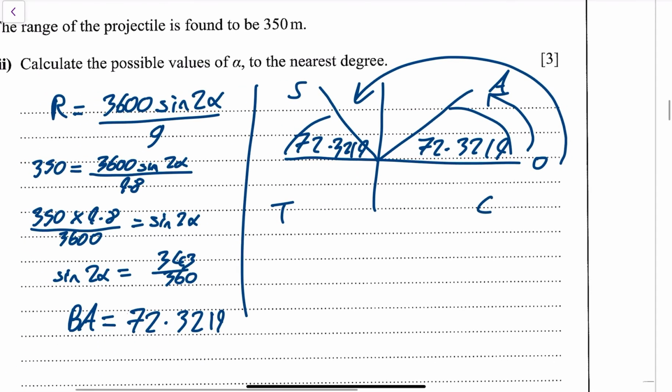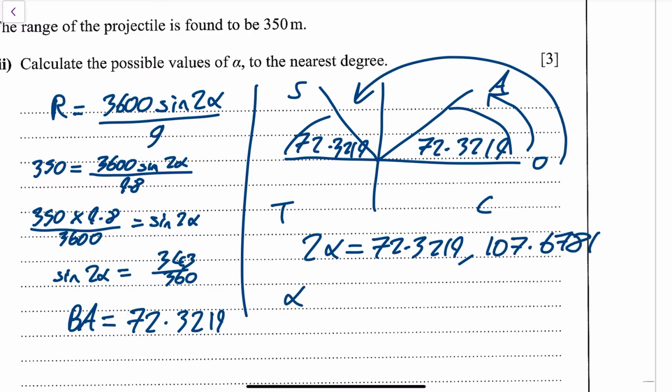So 2 alpha was equal to 72.3219, or 2 alpha could be 107.6781. That means alpha is equal to 36.2 degrees to 3 significant figures, and 53.8 degrees to 3 significant figures. To keep the accuracy there, there we have it.